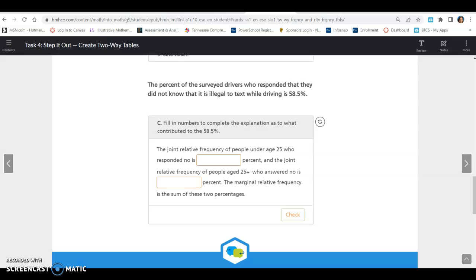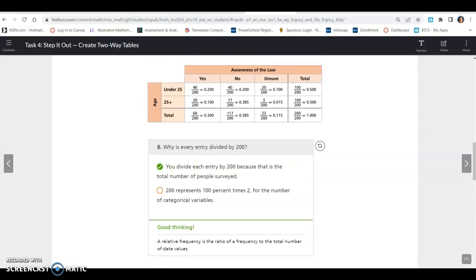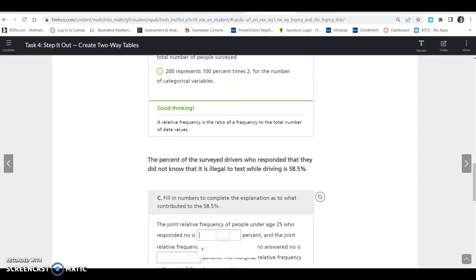All right, so the percent of the surveyed drivers who responded that they did not know that it is illegal to text while driving is 58.5%. Fill in the numbers to complete the explanation as to what contributes to the 58.5%. So the joint relative frequency of people under age 25 who responded no is 20%.